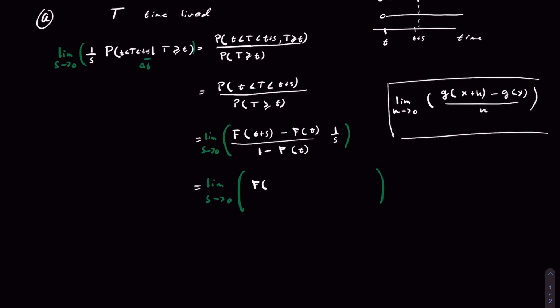So F of t plus s minus F of t, divided by s. I'm going to move this guy out and put it here.